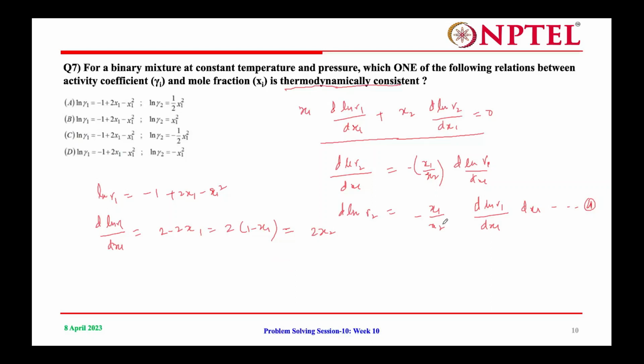Now put this value of d ln gamma 1 by dx1 in equation 1 and integrate it. d ln gamma 2 equal to minus 2 x2 into dx2.